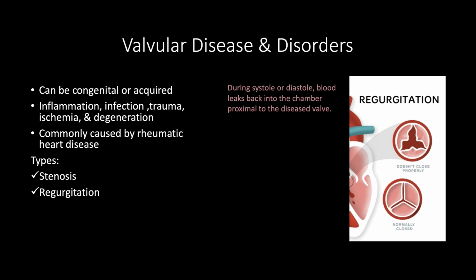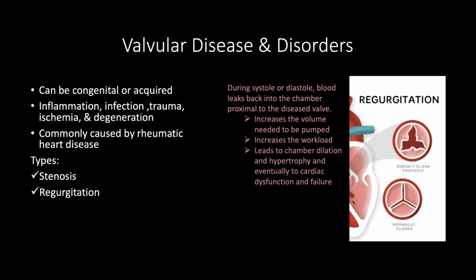So during either systole or diastole, blood is going to leak back into the chamber it was just in prior to that phase. It increases the volume that needs to be pumped. It increases the workload. And it leads to chamber dilation, chamber being either the atrial chamber or the ventricular chamber, whichever is the one on the beginning side of it.